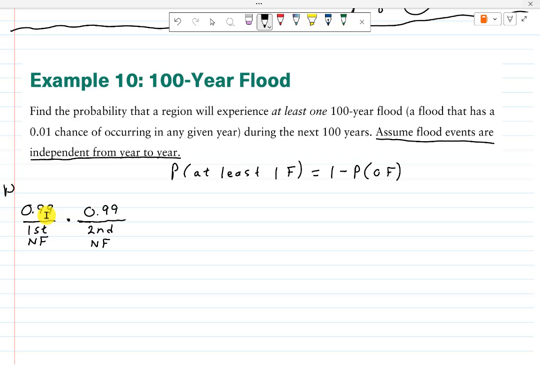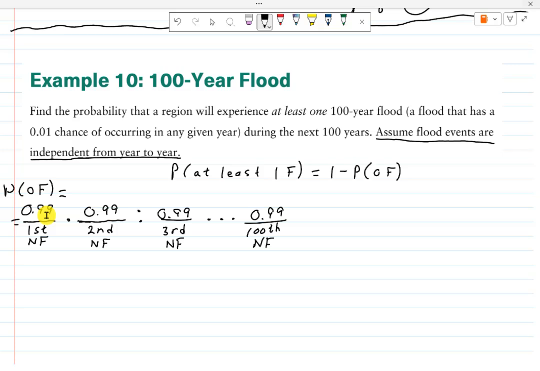So what I'm doing here is the probability of 0 floods is equal to this stuff here. And in the third year, 0.99, no flood that year. This continues throughout all 100 years, so you even get it at the very end when you get to the 100th year of no flooding.